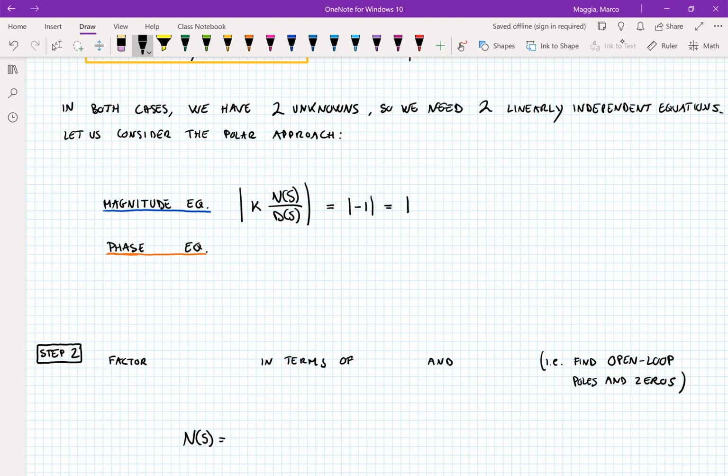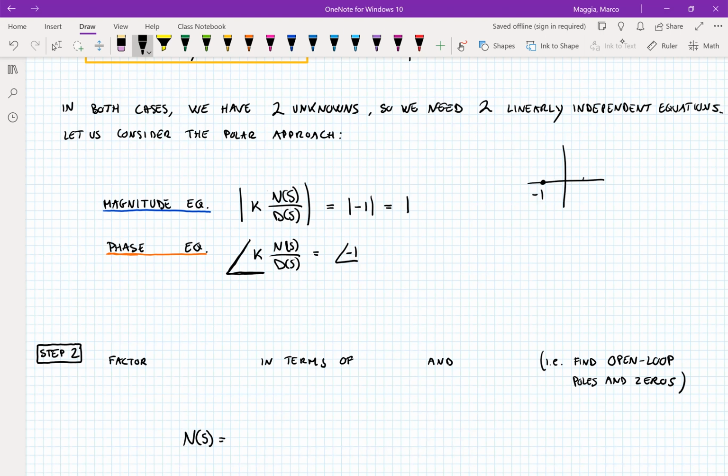The second equation is given by the phase, also known as the phase equation. So we want the phase, or the angle, which I'm going to indicate with this symbol, this wedge, associated with whatever we have on the left-hand side to be equal to the angle associated with -1. What is the angle associated with -1? Well, we can draw it on the S-plane. -1 is right here.